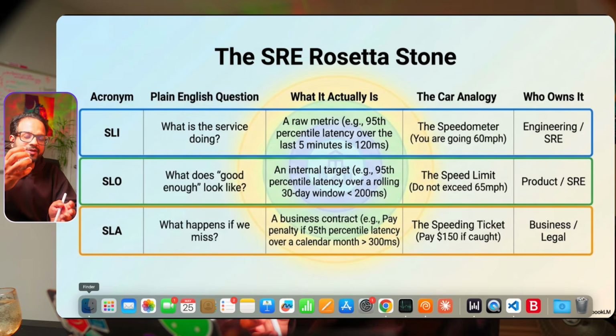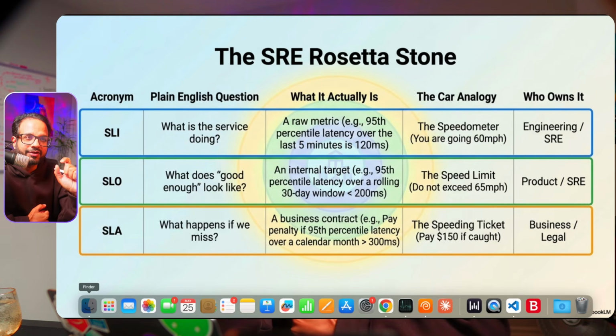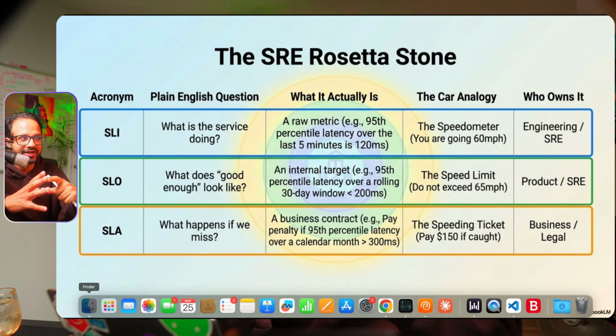So something that you can measure in real time, what currently the situation is right now, that is your SLI, which is service level indicator. The last word of this acronym is indicator. That means it indicates the current situation, what exactly it is right now.